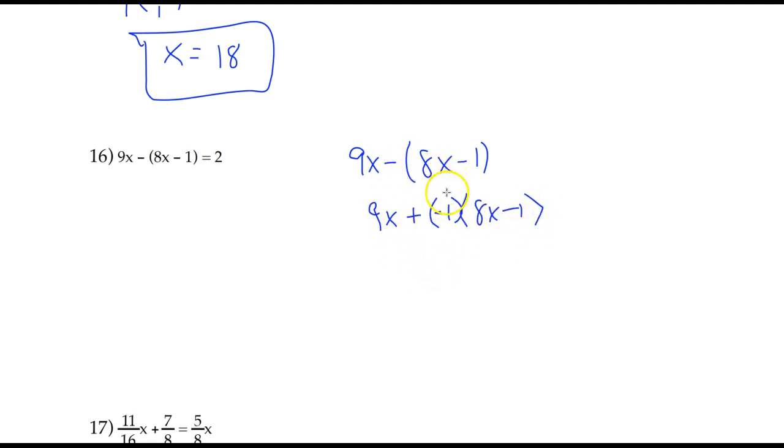Of course, we can distribute the -1 to both terms, but since we know that it's understood, we just imagine that this is a -1 and go ahead and distribute. So we have 9x minus 8x plus 1 equals 2. And then 9x minus 8x is x plus 1 equals 2.